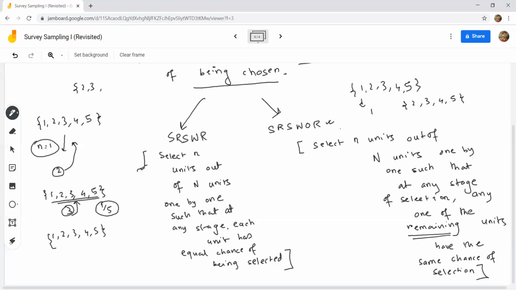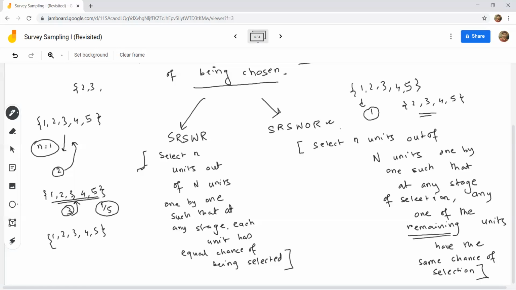So even after deleting one entry, which has been included in your sample, the probability of choosing any one entry out of 2, 3, 4, 5 will be equal again. So this is the idea of SRSWOR, nothing else. In case of WR, you are replacing it back into the population, but in this case, it is deleted forever. You are just taking it out of the population, right?